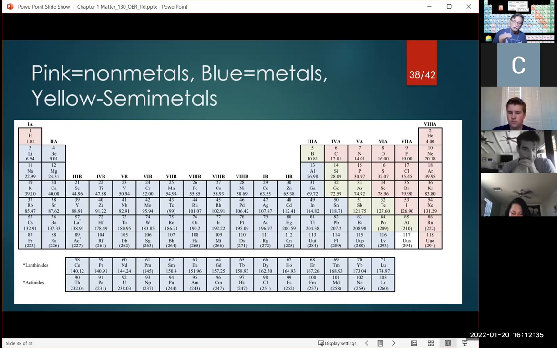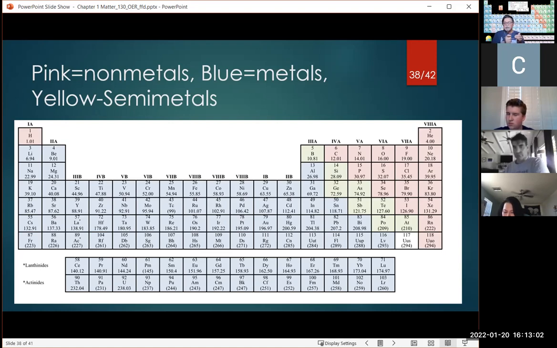Now put this in long-term memory. Metals want to lose electrons. They always want to lose electrons. And non-metals, guess what? They want to gain electrons. The number of electrons they lose or gain depends on what group they're in. We'll get to that in a minute.